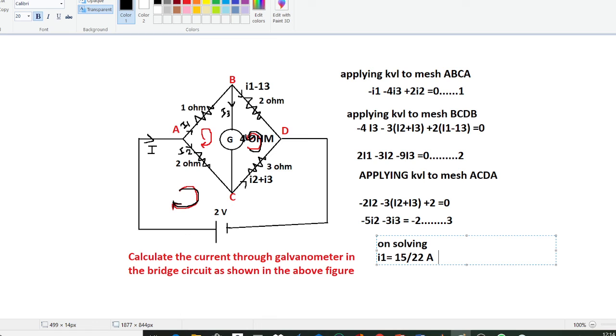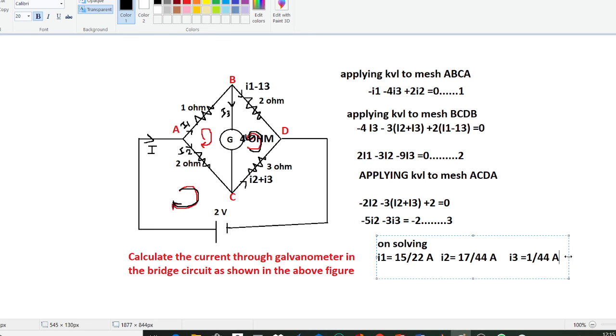Similarly, the value of I2 will be 17 upon 44 ampere, and the value of I3 is equal to 1 upon 44 ampere.